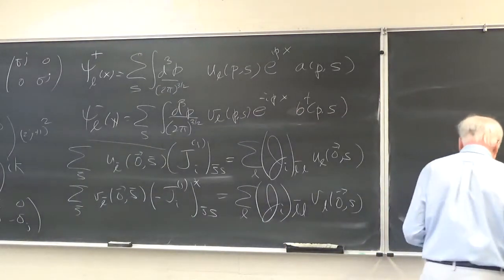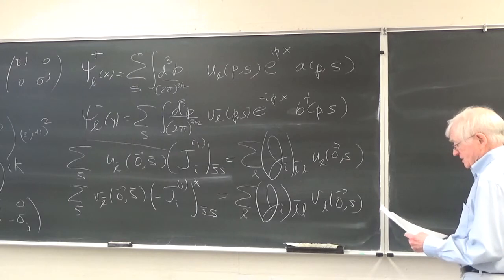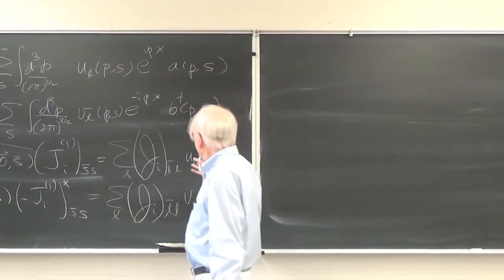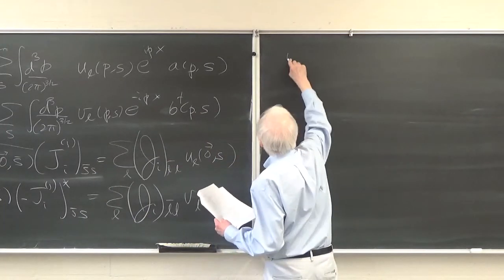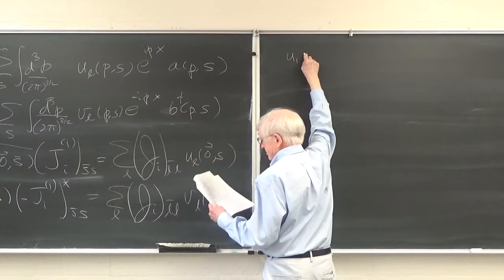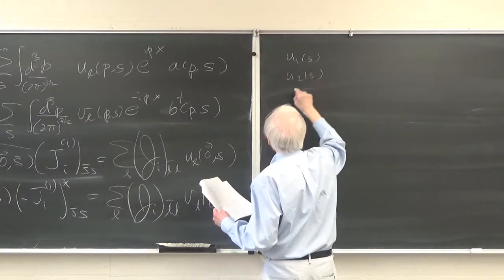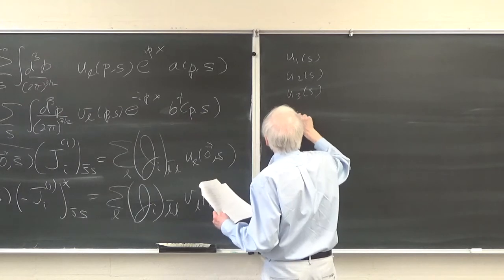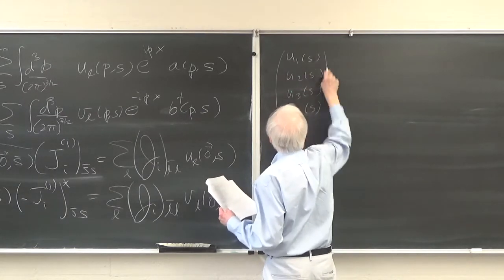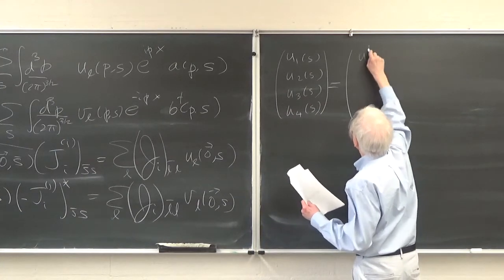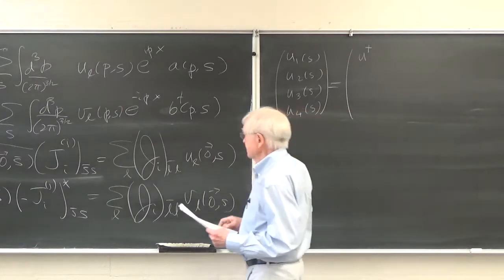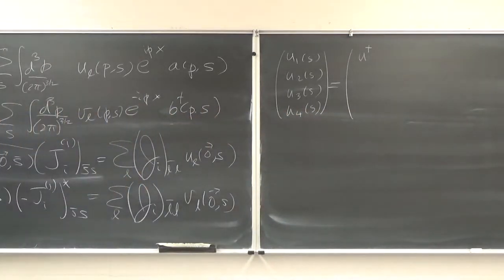And so what we've actually got here is L taking four values, and these four values are U1 of S, U2 of S, U3 of S, U4 of S. You can think of them as a vector there, and we can rewrite these as U plus, because the pluses are the ones that go up here, and the minuses are the ones down there.